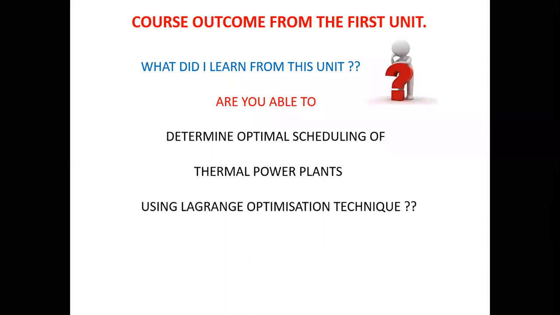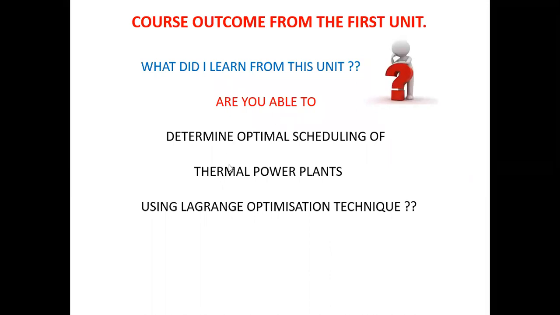So I need a response from each and every one from this group, because nowadays outcome-based education is very, very important. After completion of the first unit, what would be the end result? What did you learn from the first unit? That is nothing but the course outcome.